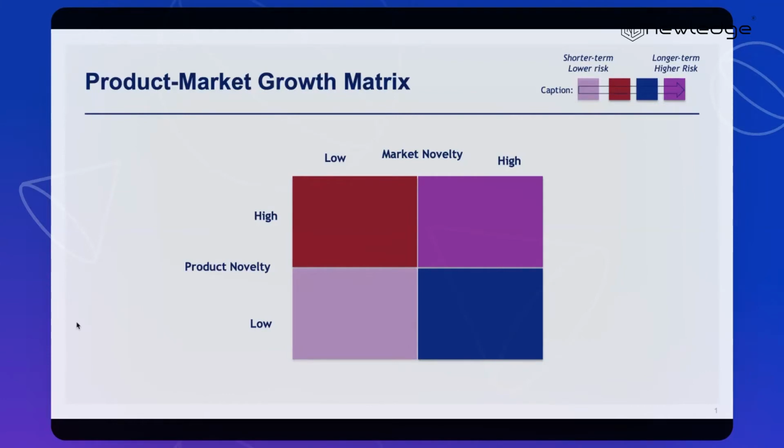For now, what you need to know is most companies decide to implement one of 4 product market growth strategies. Market penetration: existing products and existing markets. Products and markets are both familiar to our business. Market development: existing products in new and unfamiliar markets.